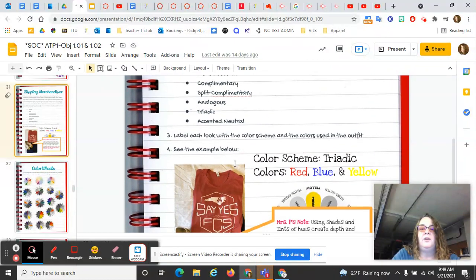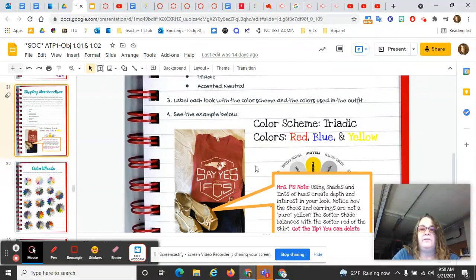Okay, here you can see that we have a triadic scheme here. We used red, blue, and yellow. Here's our red, our blue, and yellow. This is gold, so it's a yellow.